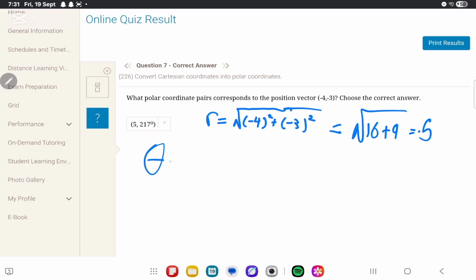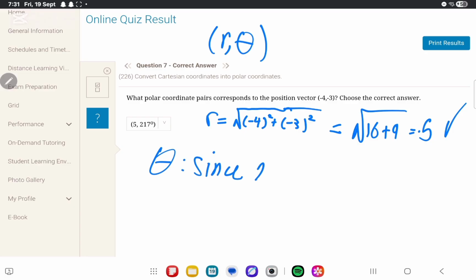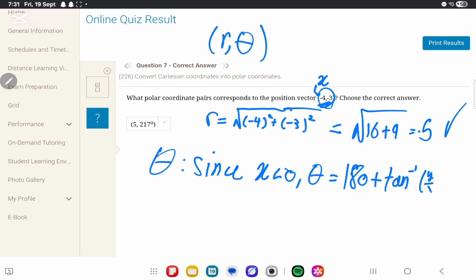Now, theta. Remember, polar coordinates are r comma theta. We found r, so r is done. Theta is going to be, since x is less than 0, as you can see, it's -4 here, this is x, theta will equal 180 plus the inverse tangent of y over x.